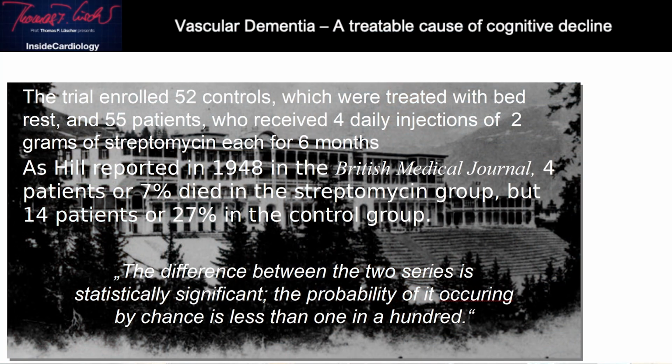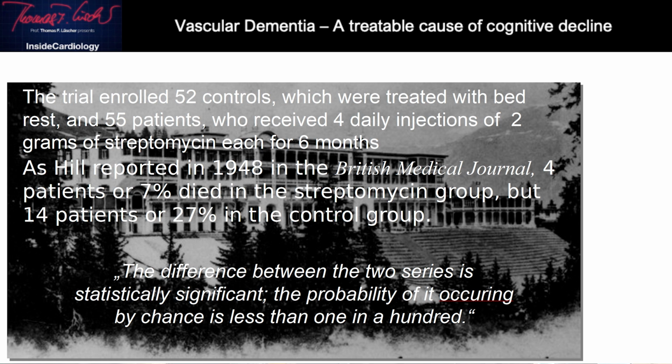And in the British Medical Journal, he says, the trial enrolled only 52 controls and 55 patients receiving streptomycin for 4 daily injections of 2 grams, and then of course they reported in 1948 in the British Medical Journal that 4 patients or 7% died in the streptomycin group and 14 or 27% in the control group.